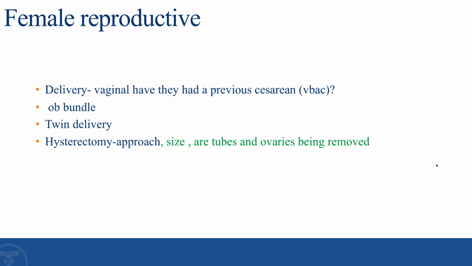Remember, with the total, the cervix is removed. With a partial, the cervix remains. Right. And also CPT code 58180, where it says subtotal in that parentheses, that indicates partial. So I want you to write partial next to 58180.